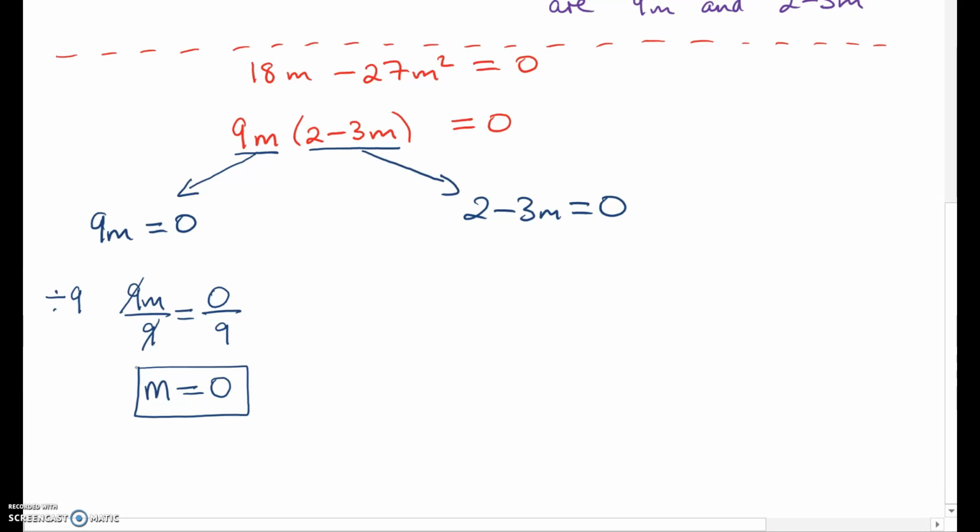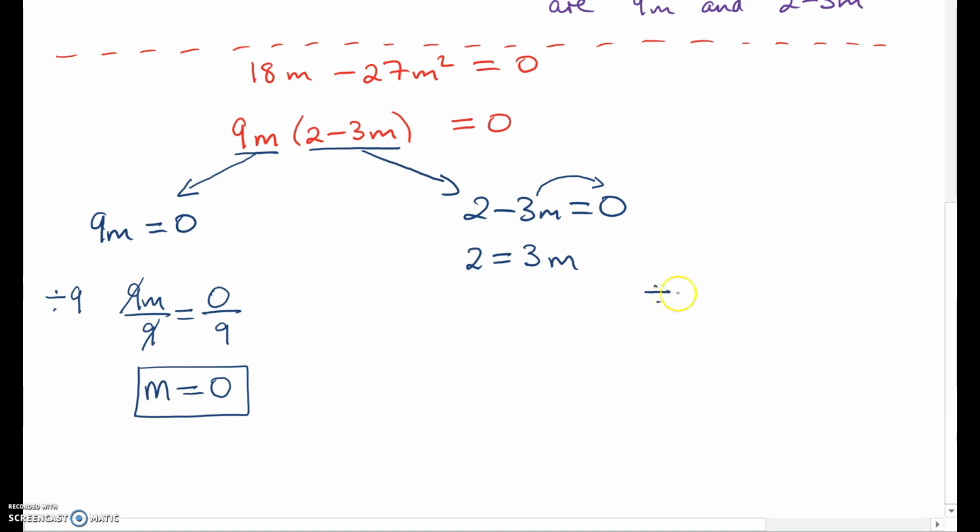Over here, you have 2 minus 3m. Now, we're back to m's. There are no squareds anymore. So what you want is the letter on one side, numbers on the other side. When you're back to just a single letter without a square, you want to separate variables and numbers. So if we move the negative 3m across, change its sign, it becomes plus 3m, and that gives you 2 is equal to 3m.